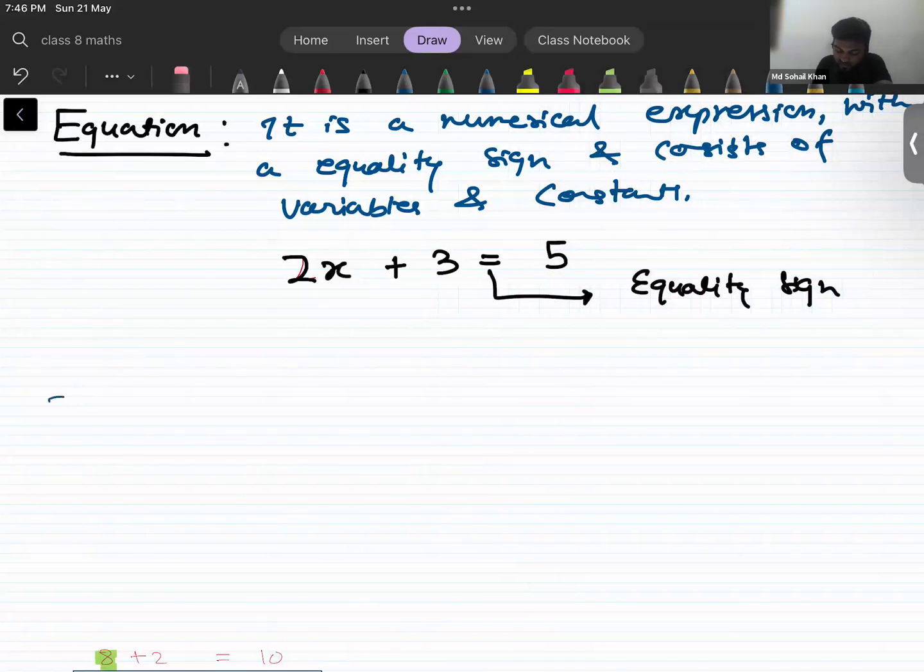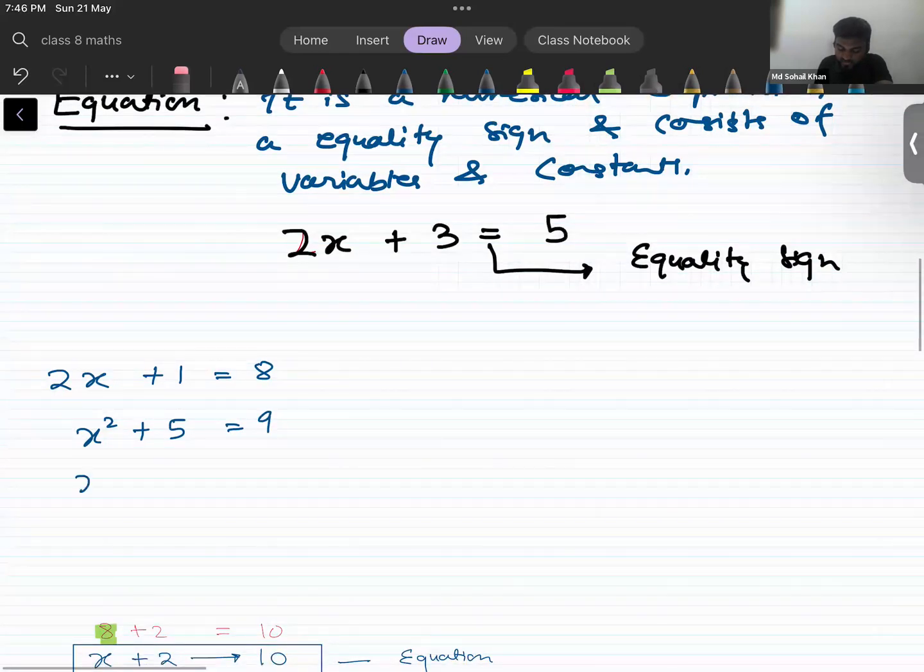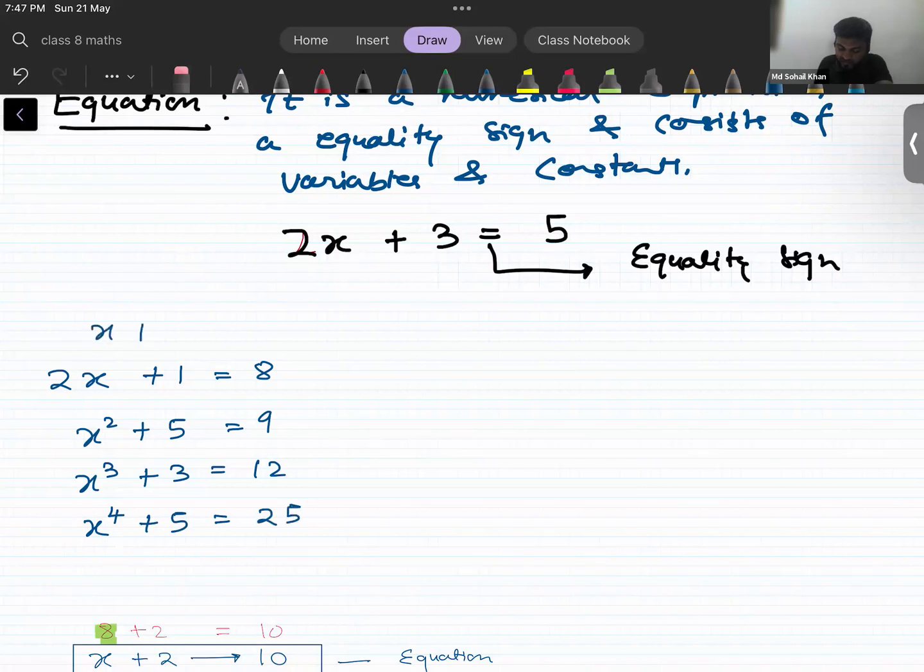Let's say we have 2x plus 1 equals 8, x square plus 5 equals 9, x cube plus 3 equals 12, x raised to the power 4 plus 5 equals 25, and x plus 2 equals 10 here.